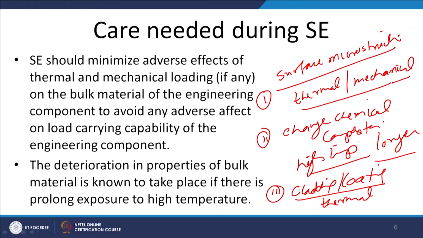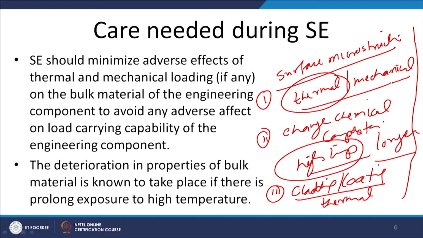Whenever these techniques are applied, especially those where heat is used, whether it is for category 1, category 2 or category 3 processes, the application of heat tends to modify the characteristics or properties of the bulk material, especially when the exposure is given for a longer period.